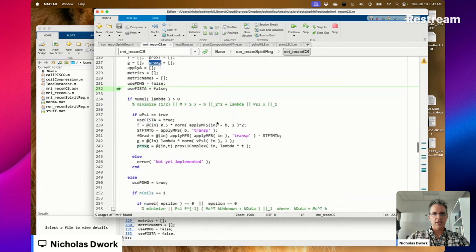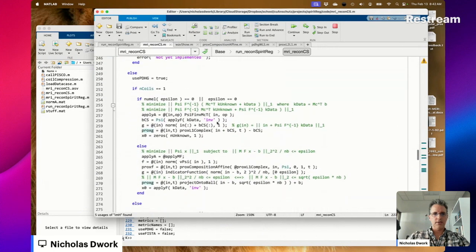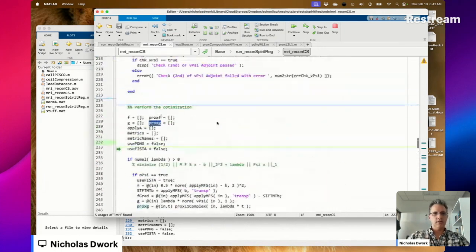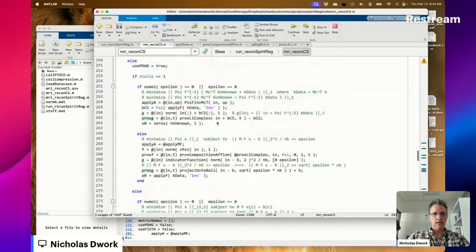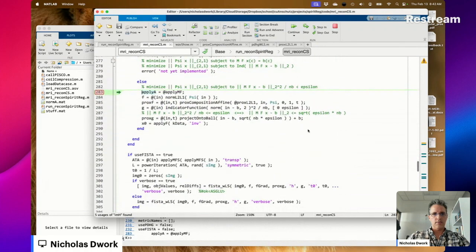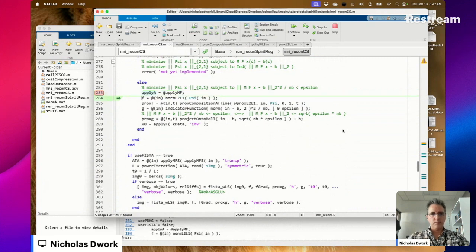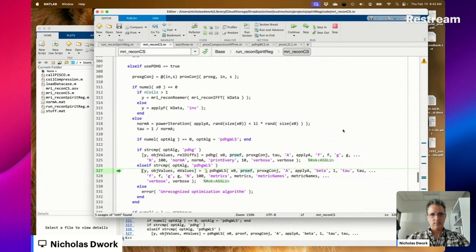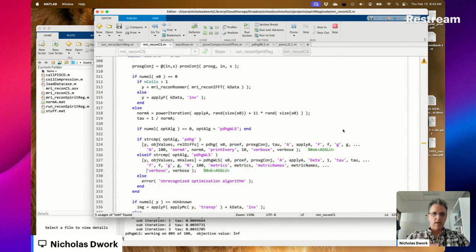Oh, is ProxG always being set now? Is that the issue? That's fine. Okay. It's at least running.